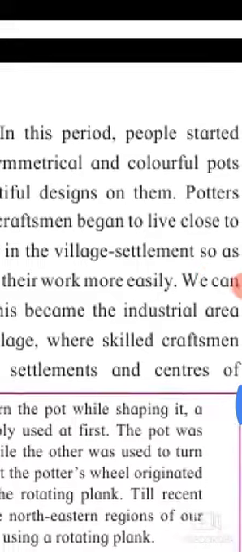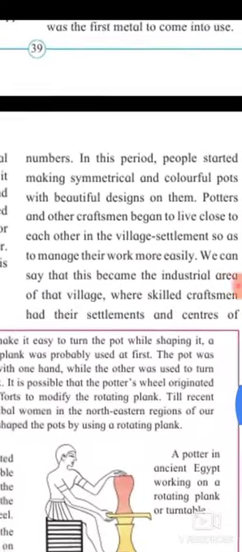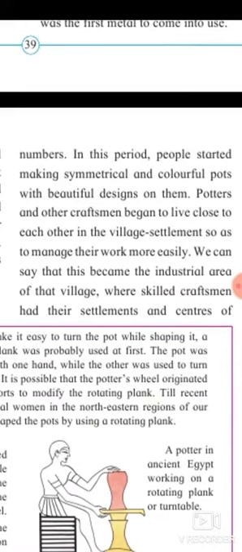In this period, people started making symmetrical and colorful pots with beautiful designs on them. At that time, people came up with creative ideas for the pots, and created designs and beautiful colors on them. So they could use the pots in different ways.